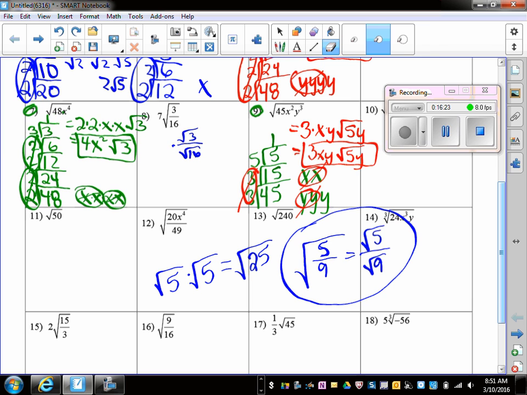Well, 7 is just the same thing as 7 over 1. You can leave it as 7, but you need to know that you multiply the 7 times the fraction. A lot of people don't remember that, so I rewrote it so that you can see 7 is indeed on top. We're multiplying straight across.